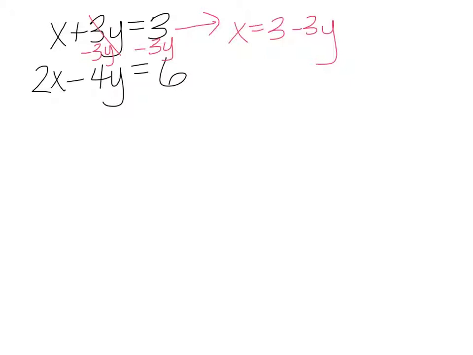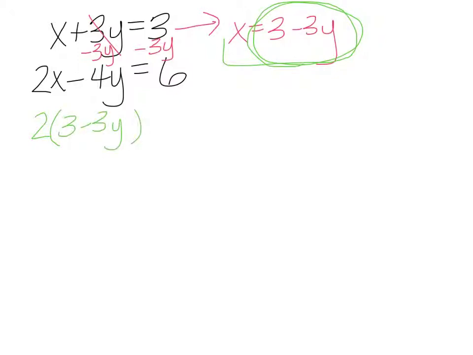The bottom, in that 2x. Remember, we just found what x equals. We want to plug it into the x spot in the other equation. So we're going to say 2 parentheses. Plug it in. 3 minus 3y. Keep the rest. Minus 4y equals 6.